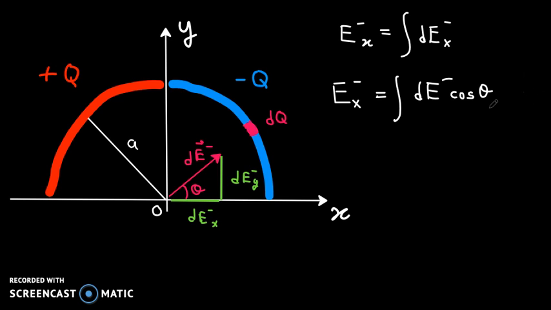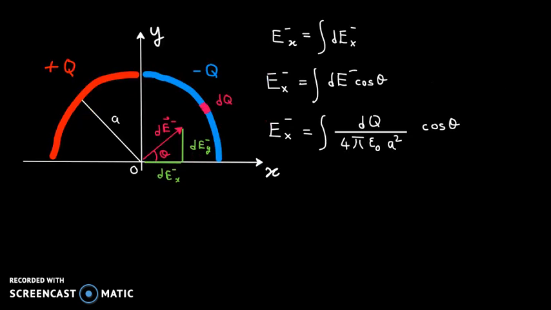So now let's express dE using the formula for electric field due to a point charge, because this dE is created by the point charge dq. Applying the point charge formula, dE minus is equal to dq divided by 4 pi epsilon 0 a squared, a being the distance from dq to the origin.